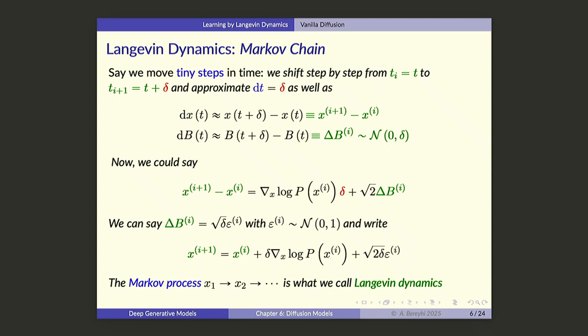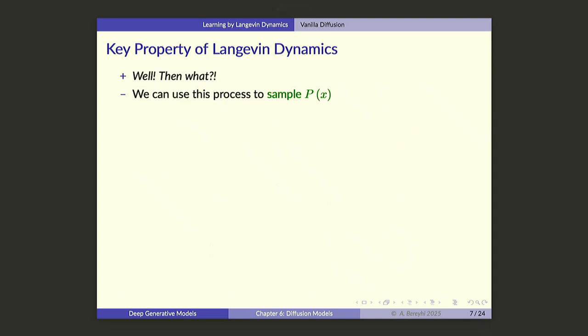So if you keep on this approximation, as long as you have this delta small enough, like you have very tiny steps, then this means that you are approximating the original equation. And this means that in a very, very long time, your x, your location, is going to be distributed by Px, right? Everybody's clear? So this is the main idea.